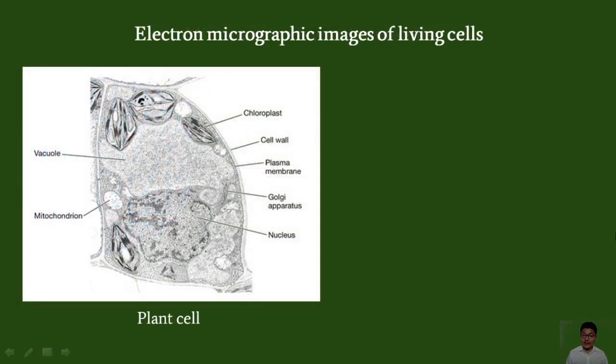Now if you observe this electron micrographic image, a plant cell observed through the electron microscope, these different structures are found.